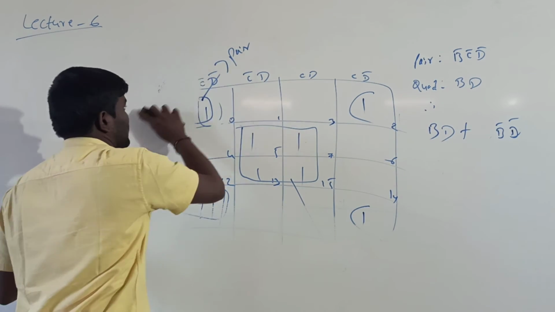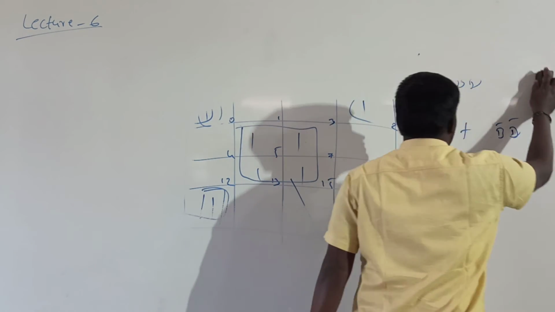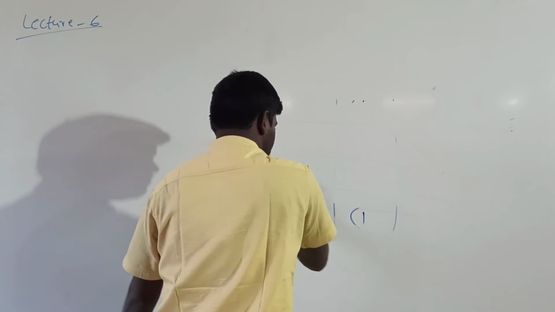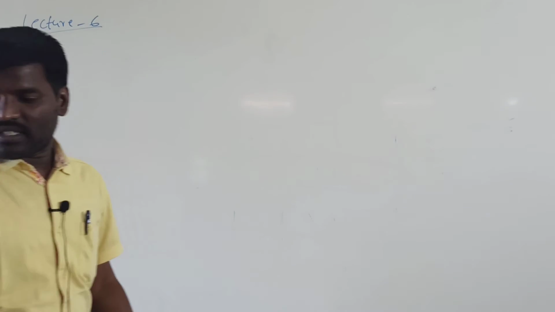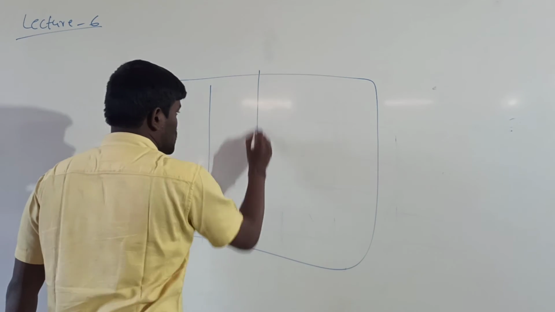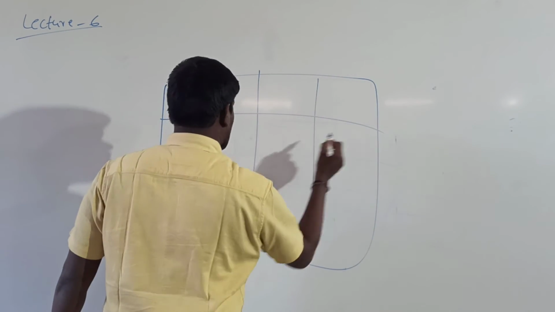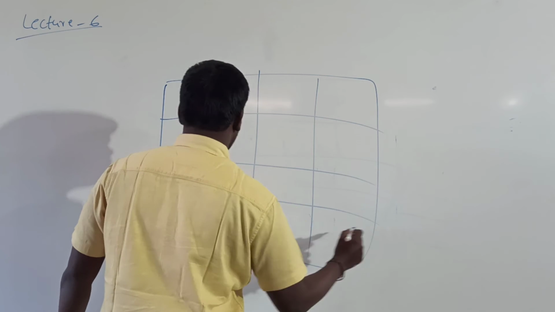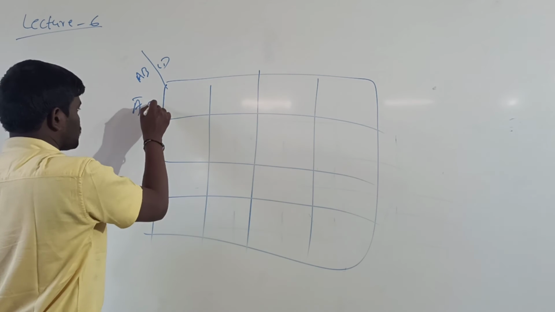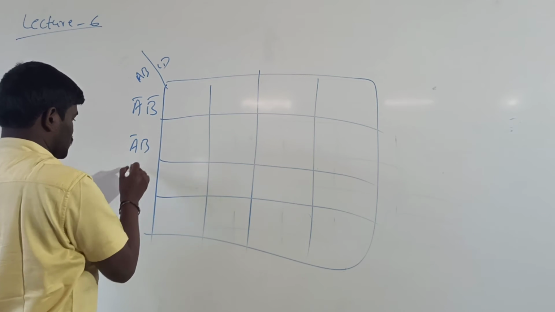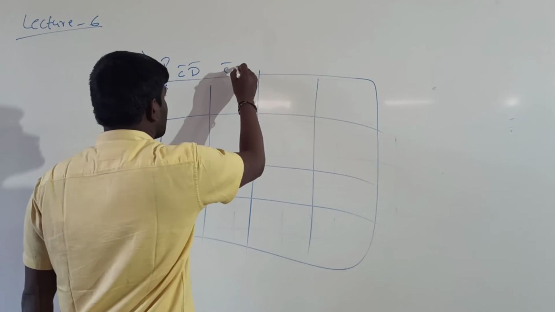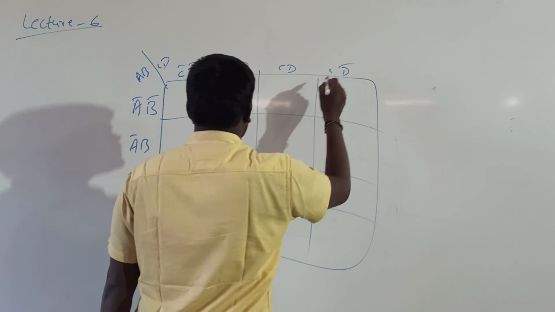So now I have to write one example. So this is very simple. A, B bar, C bar, D bar, C bar, D, C D, C D bar.